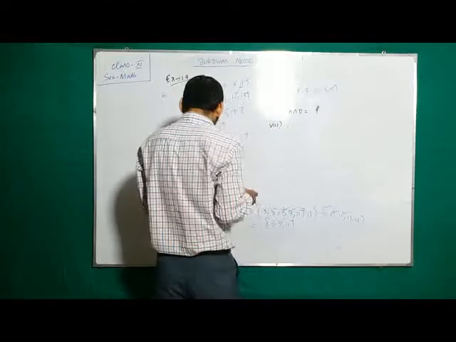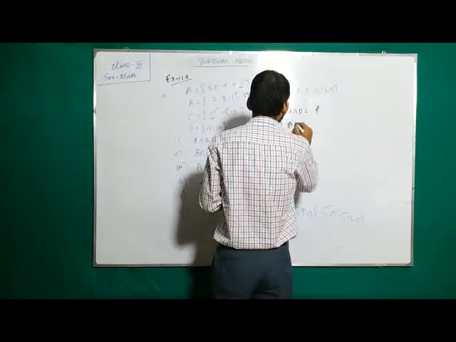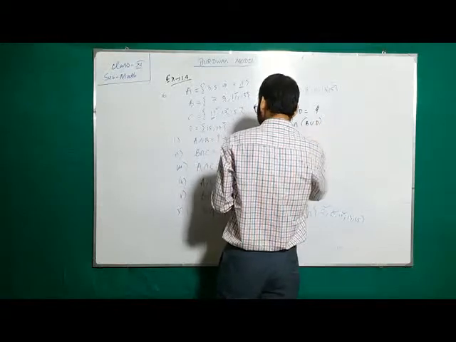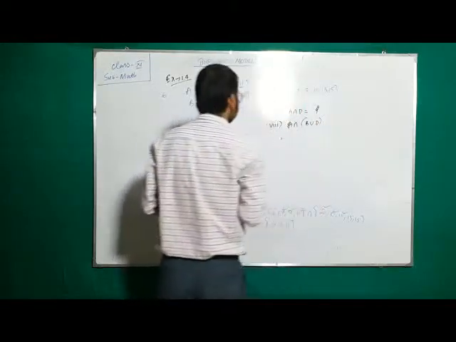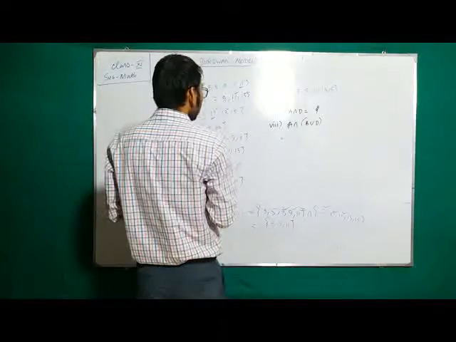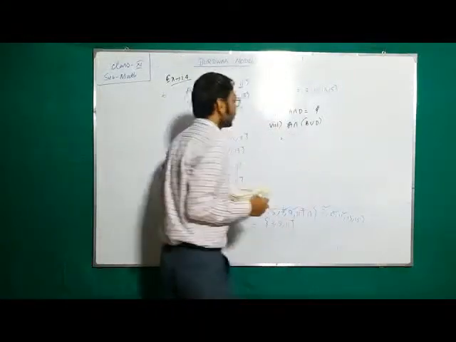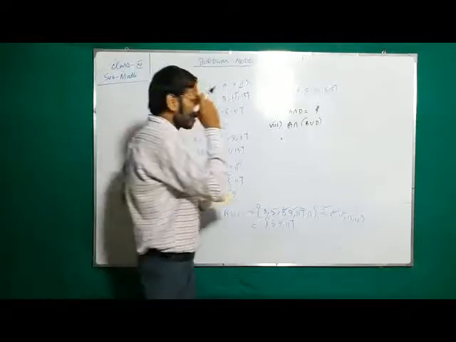Next, number 8. A intersection B union D. You may do it by the distributive property also. I am showing it with the help of the distributive property.